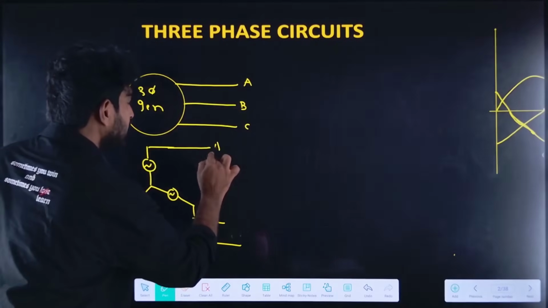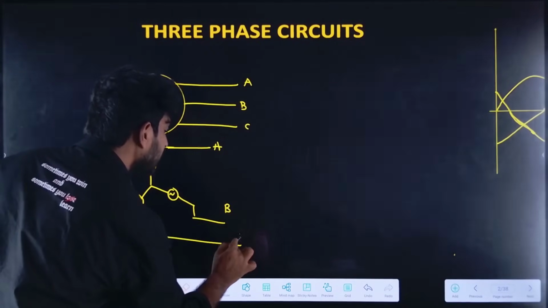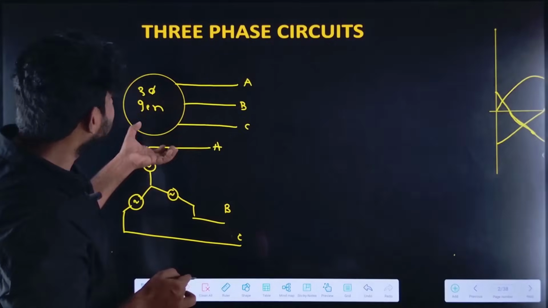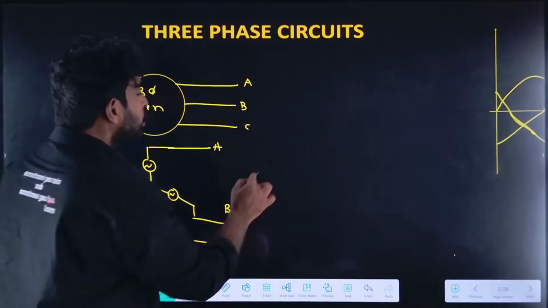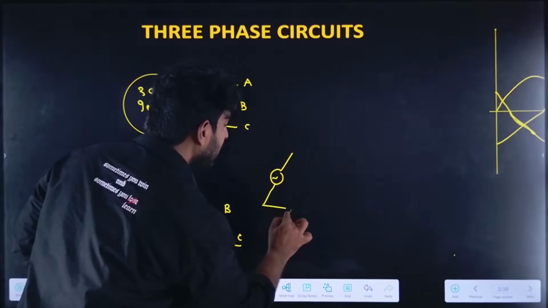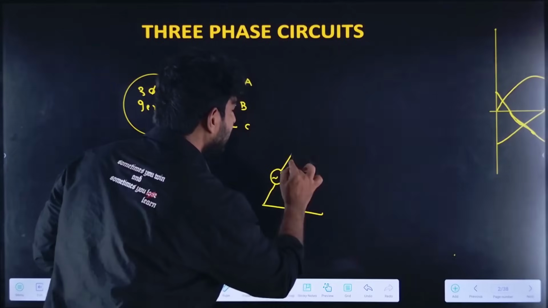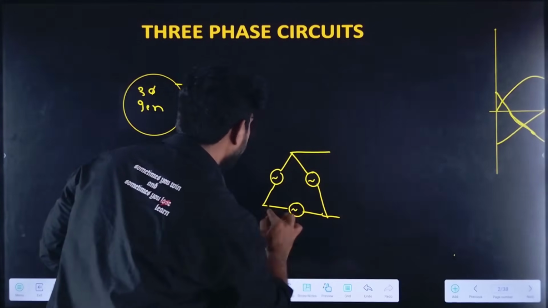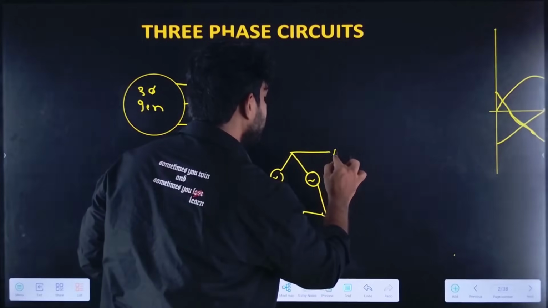So A, B, C. Star connected source. If I want to make this generator into a delta connected generator, I will represent it as a delta connected source like this. Delta connected source, right? So let me mark the sequence A, B, C.